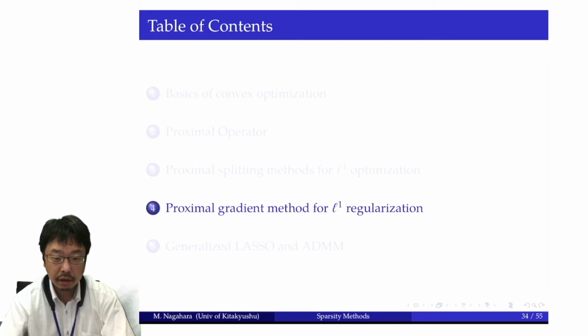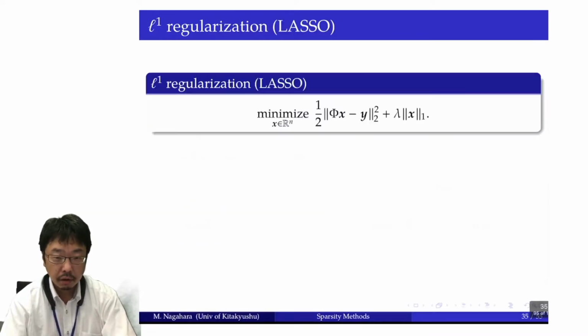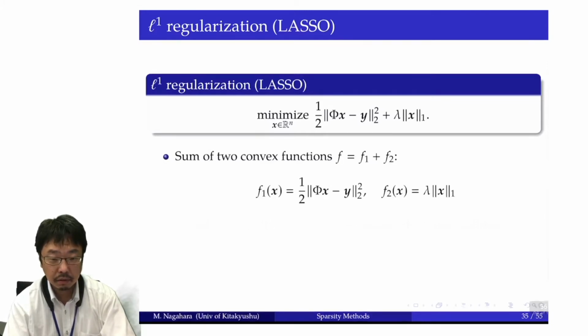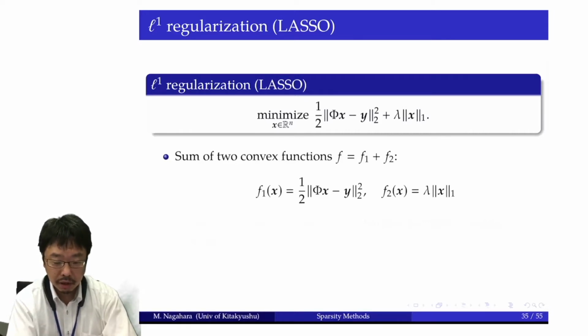We then study another splitting method called the proximal gradient method for L1 regularization. We here consider the L1 regularization or LASSO described by this. The cost function is the sum of two convex functions f1 and f2 defined by these.